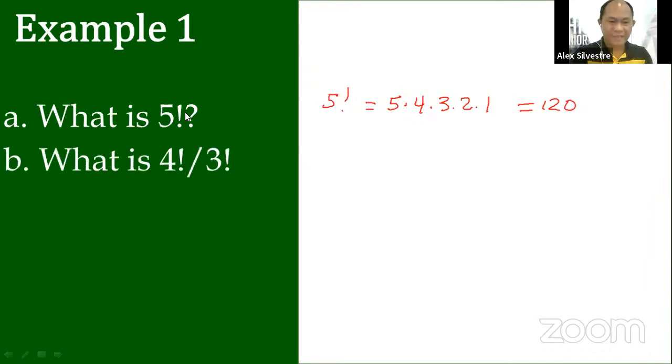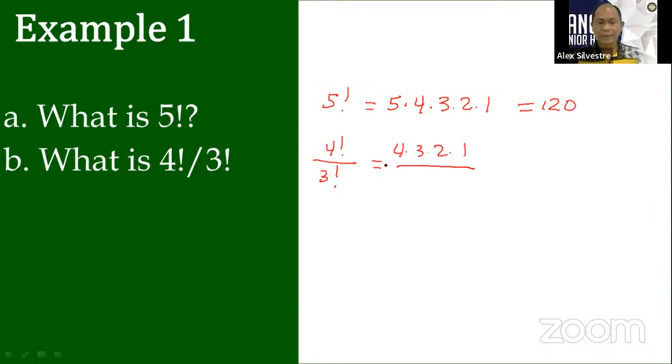Okay. Now next, how about if the given is 4 factorial divided by 3 factorial? If you have to simplify, you can start here with 4 factorial, and indicate 4 factorial divided by 3 factorial. So what you'll do, in the numerator, you can use 4, 3, 2, and 1.